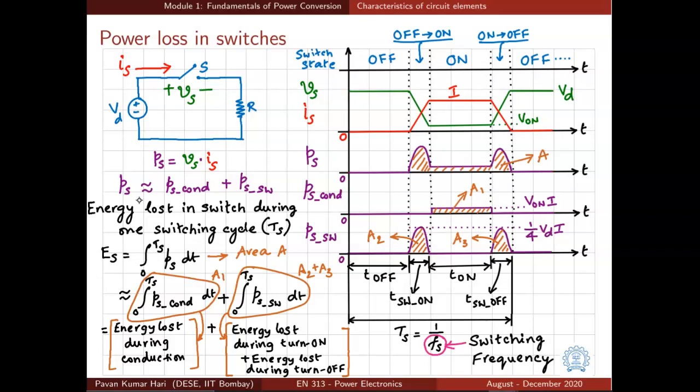For example, area A2 gives us the energy lost in the switch during the turn on transition, and area A3 gives us the energy lost in the switch during the turn off transition.